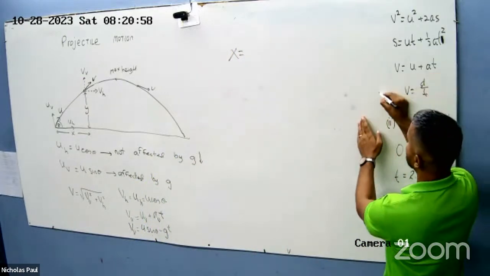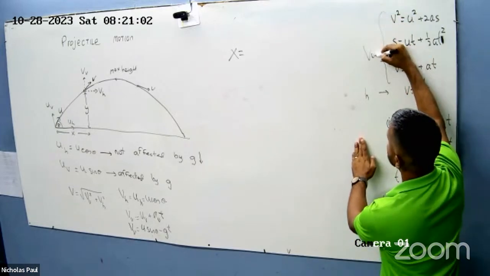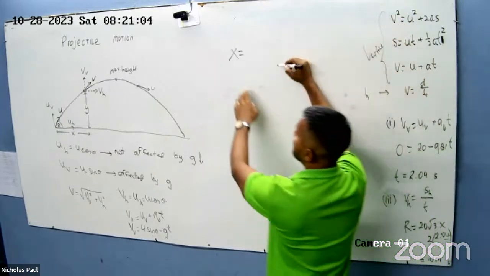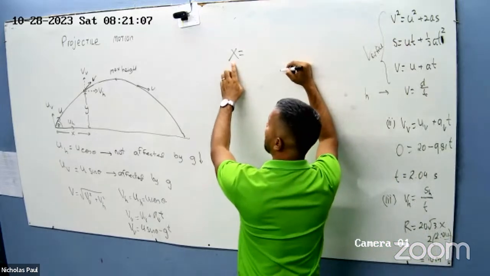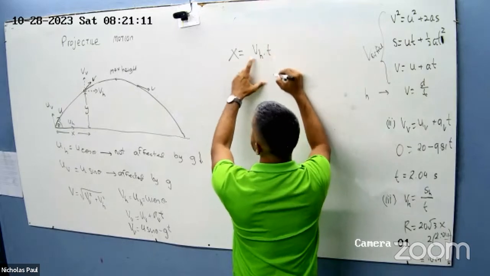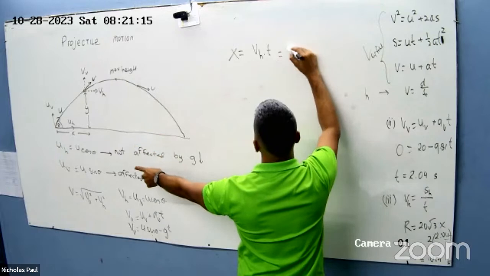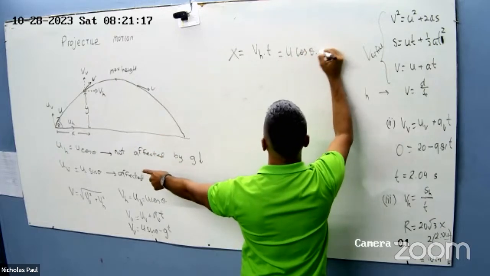Everything horizontal is here, everything vertical is here. So horizontal will be velocity horizontally by time. Horizontal velocity is how much? It is u cos theta by t.